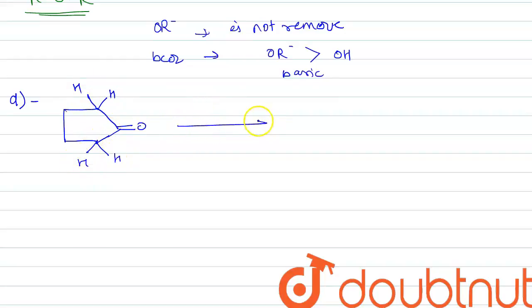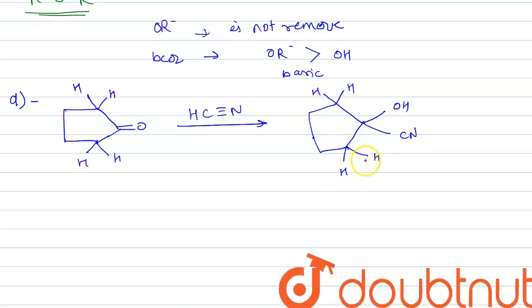In presence of HCN, what will it form? It will form this, here OH, here cyanide, and here hydrogens.